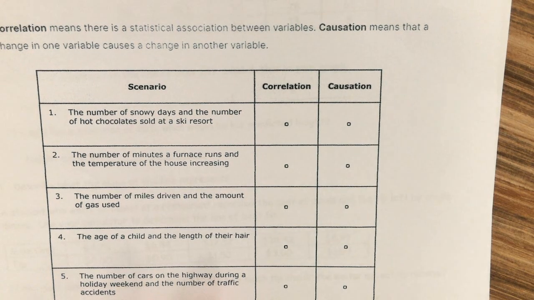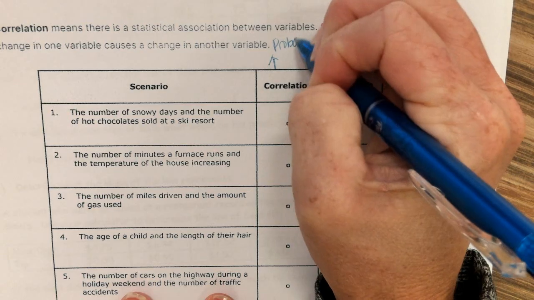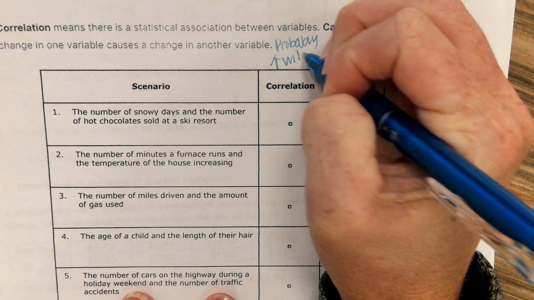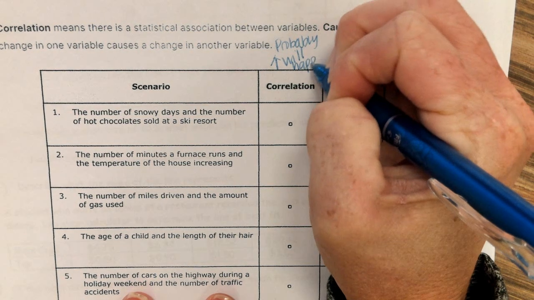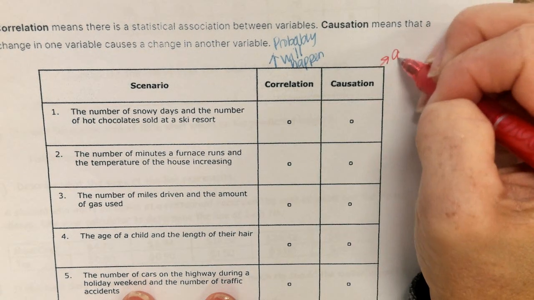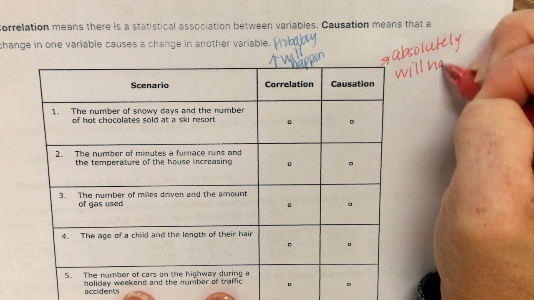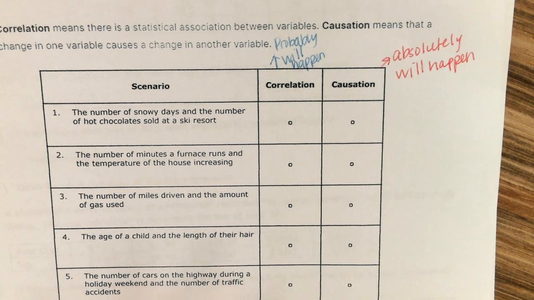So let's just write this again. Correlation means it probably will happen. What does causation mean? It absolutely will happen. If I turn the heater on in my house, it will absolutely raise the temperature.